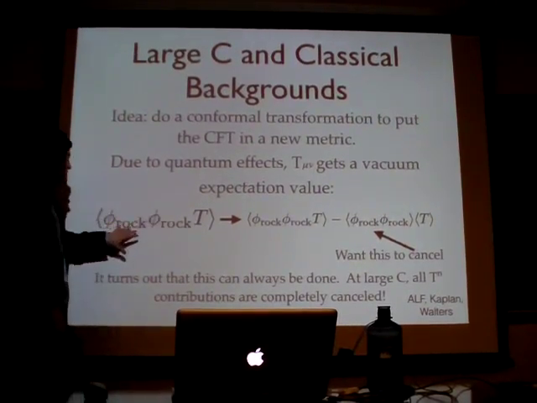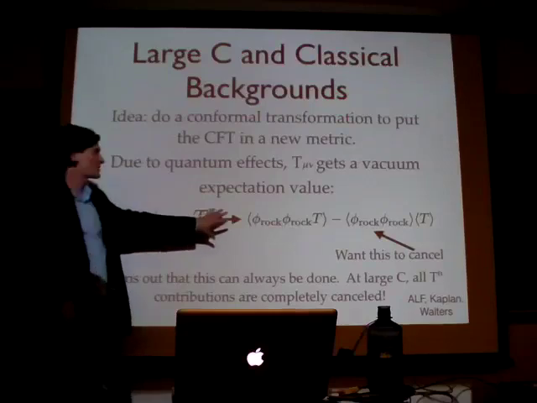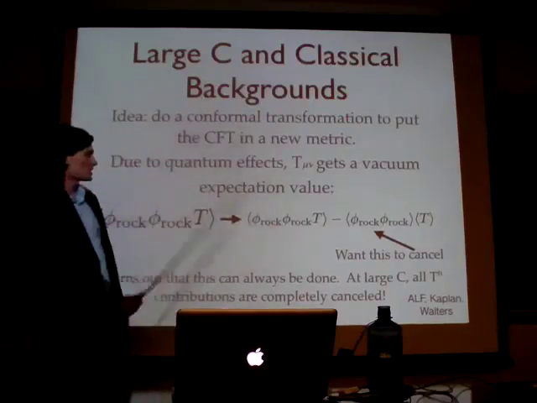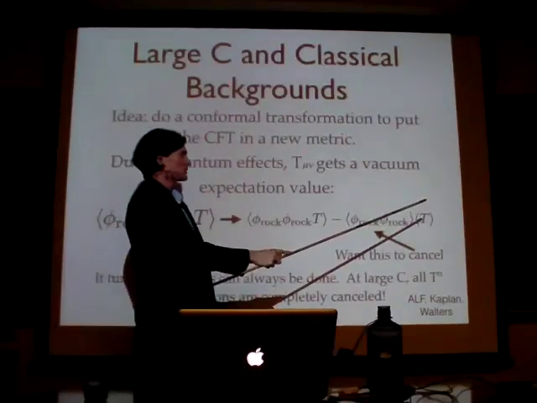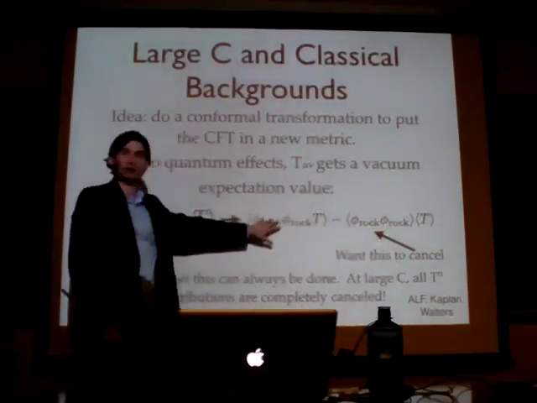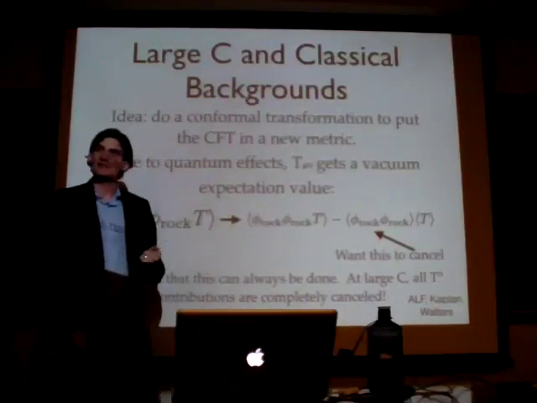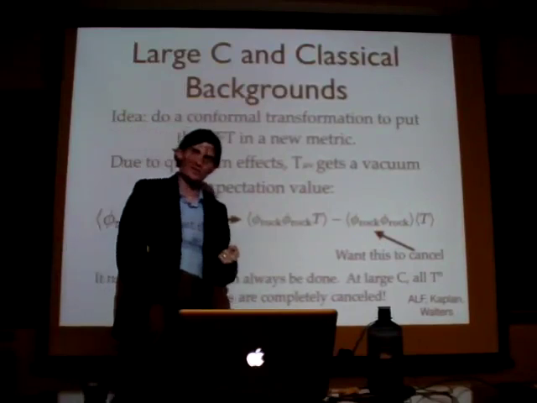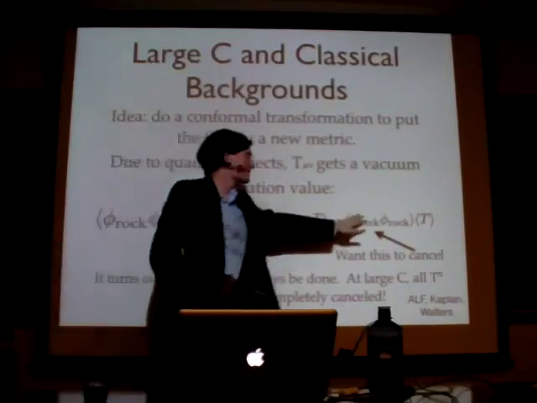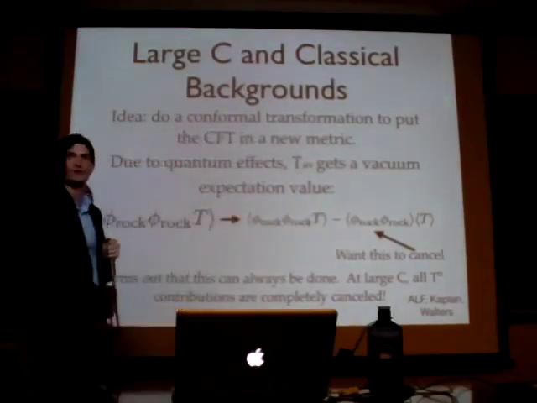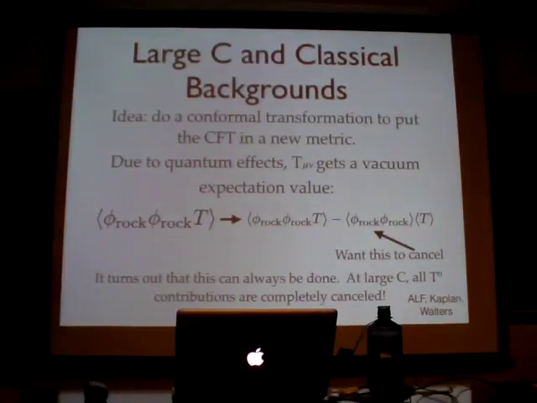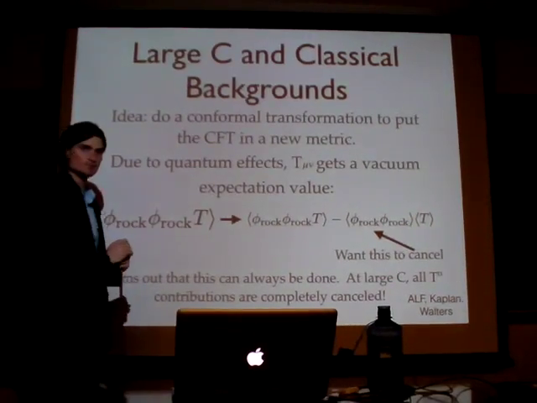So let's look at the 3-point function for phi heavy T. Because of this conformal anomaly, we get this 1-point function in addition to what we would naively get. And the idea is we're going to choose our coordinate transformation precisely to make this term cancel against this term. So we'll completely absorb the contribution from a single stress tensor.